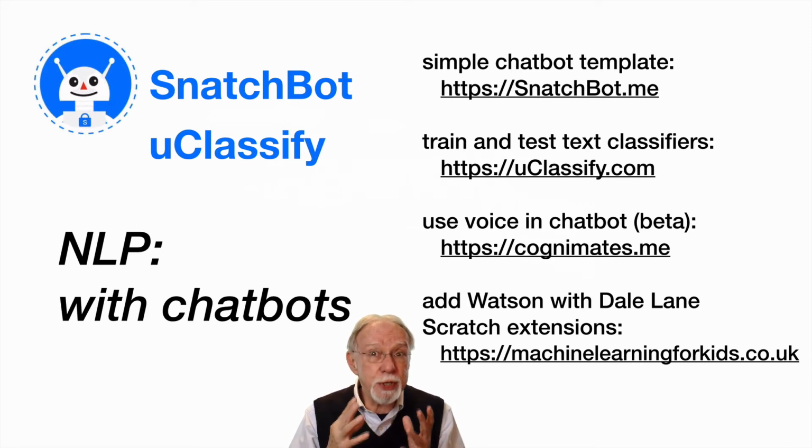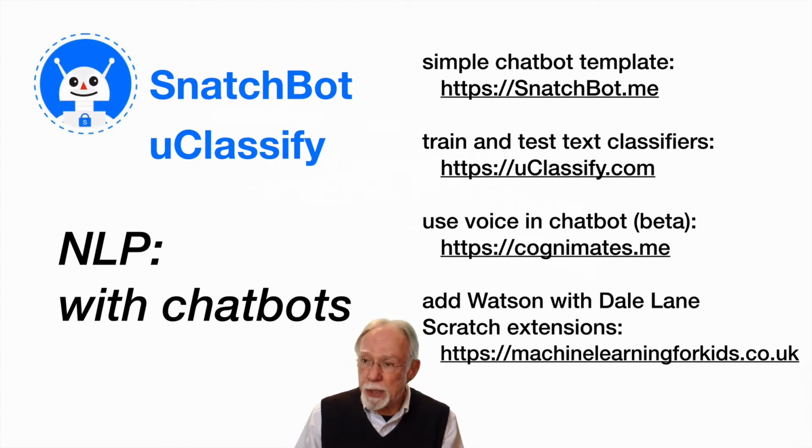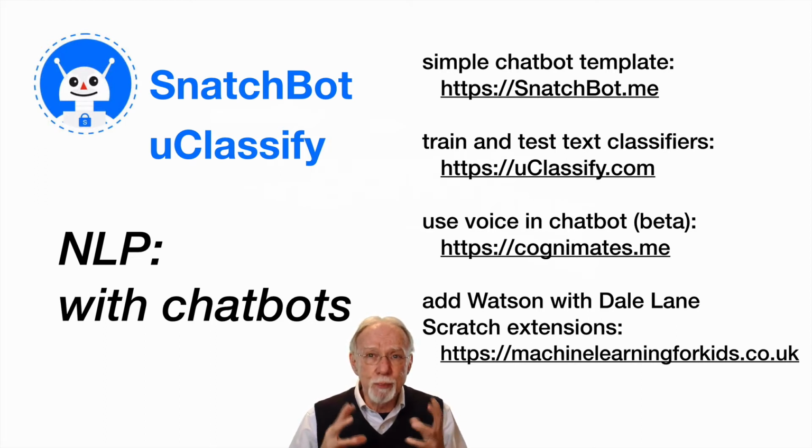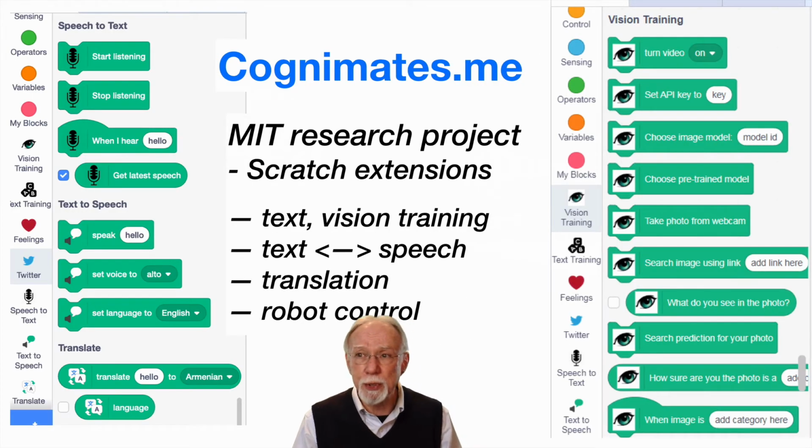To build voice into a chatbot, there's a site called Cognimates, and another one created by a UK professor by the name of Dale Lane, where they both created Scratch extensions to allow voice activation of a chatbot within Scratch. Dale Lane's even connects to the IBM Watson supercomputer.